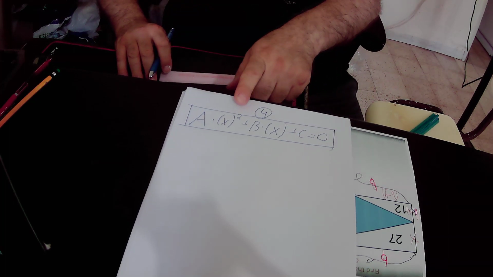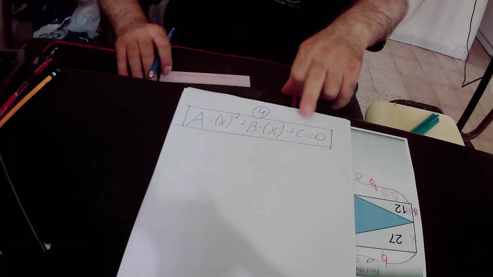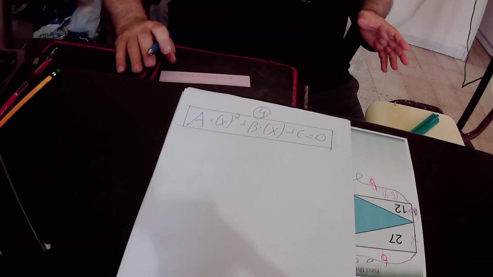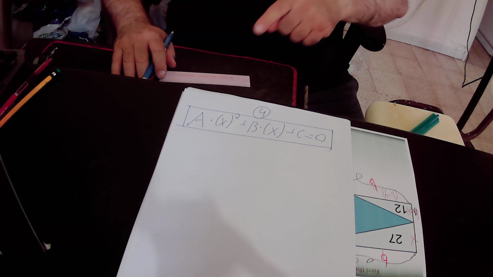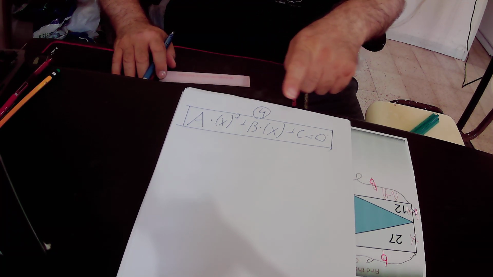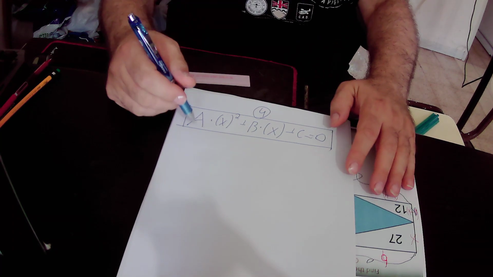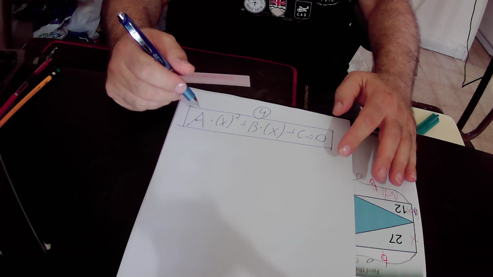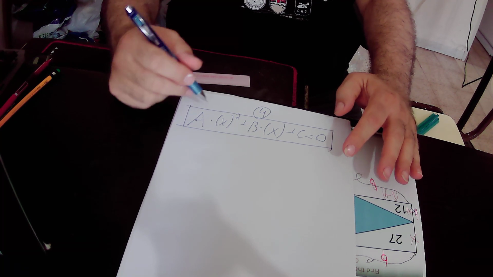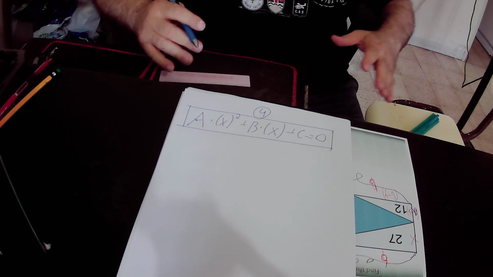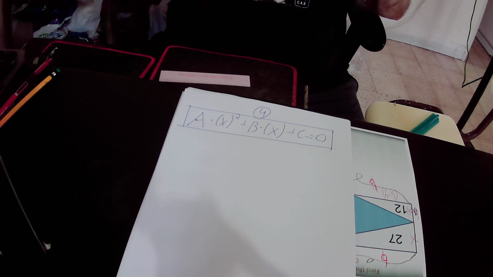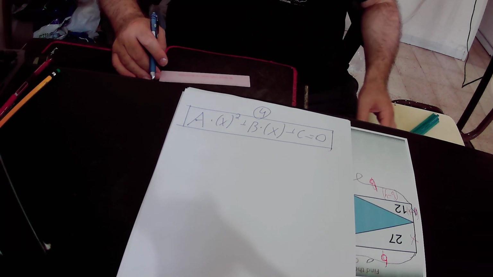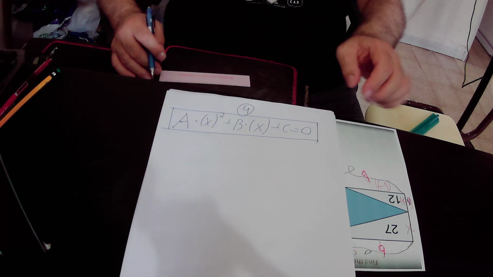A times x squared plus b times x plus c equals 0 is the general formula of a quadratic equation, where a, b and c are coefficients of a quadratic equation. I repeat again, a, b and c are the coefficients of a quadratic equation, and x is the variable of the quadratic equation. So I will write it down.